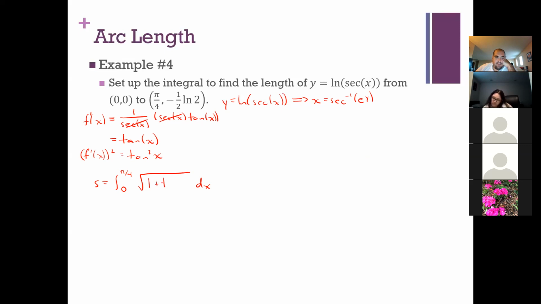Can we do anything else with this? There's this integral of sec theta, which is log mode sec theta plus tan theta. So this ends up being the integral of secant. So let's build it up a little bit. 1 plus tangent squared is simply secant squared.